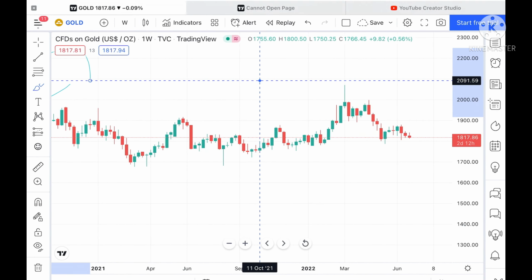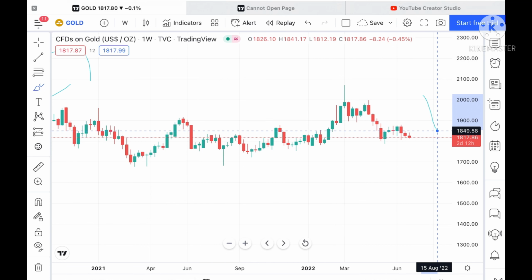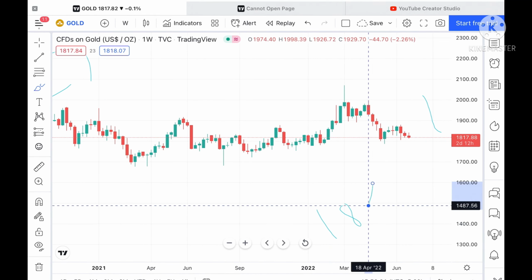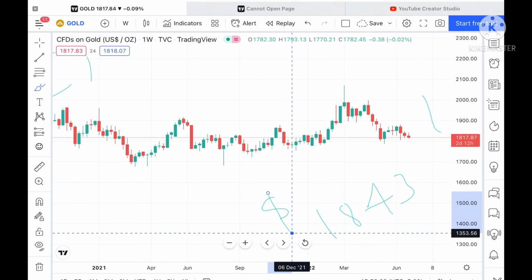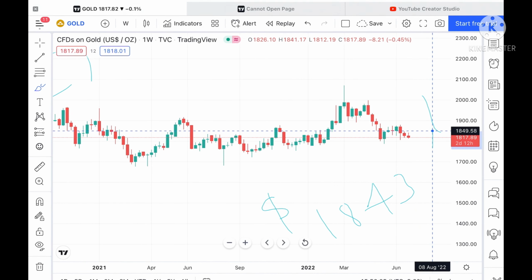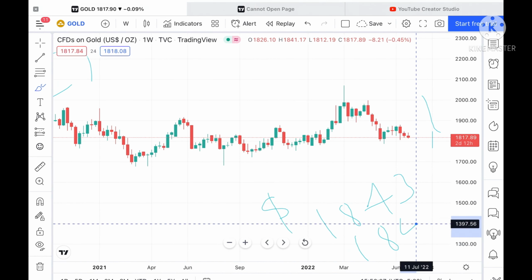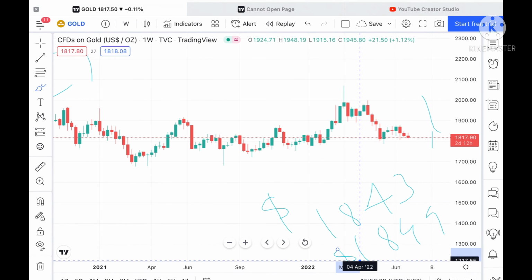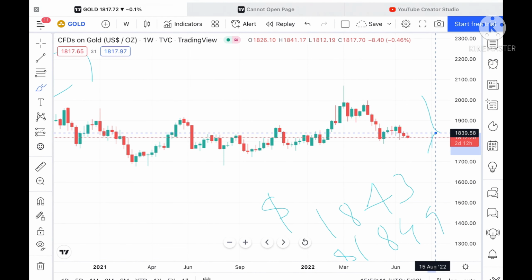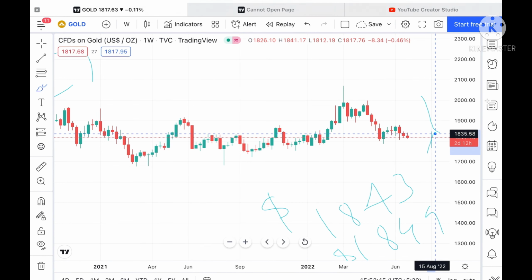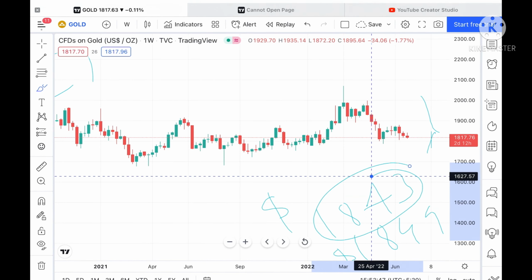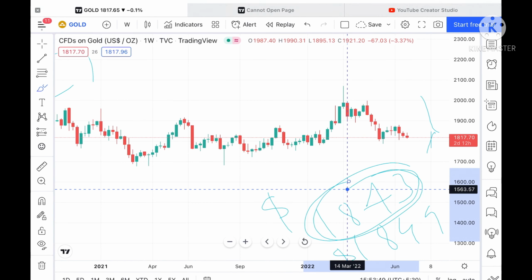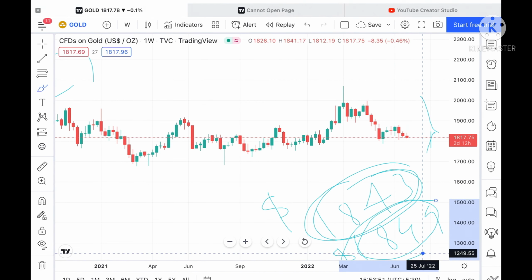Suppose this particular level sustains, we can see it can touch a level of $1843, and if that also sustains, we can see it can touch a level of 1849. Because 1843 is a weak support, the probability is high that we can see a level of 1849.